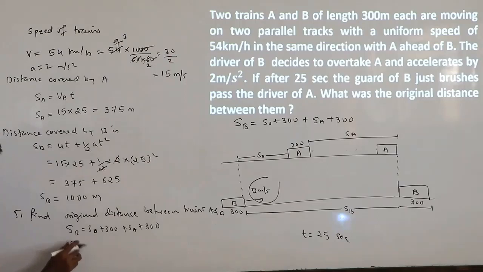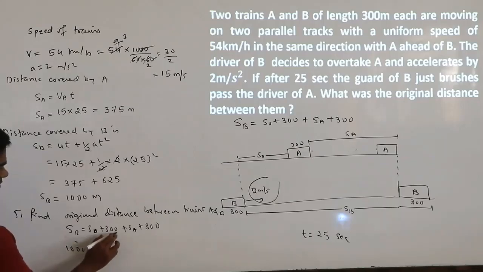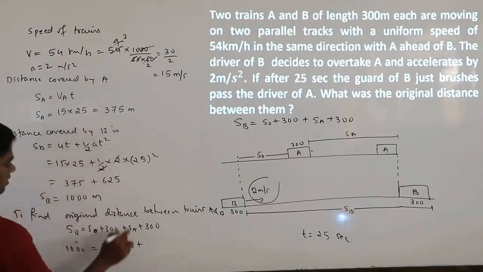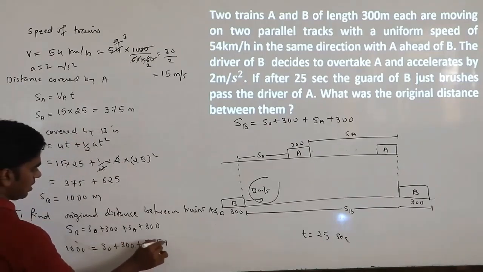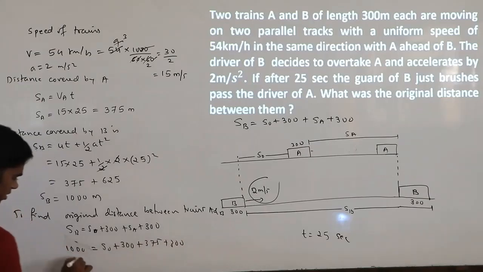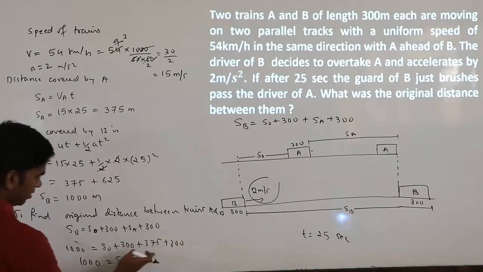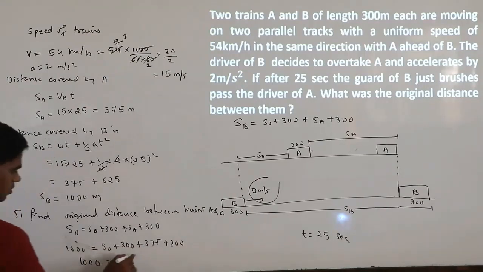So SB is 1000, equals S0, which we don't know, plus 300, plus SA, which is 375, plus 300. So total 1000 equals S0 plus 975. So S0 is 25 meters.